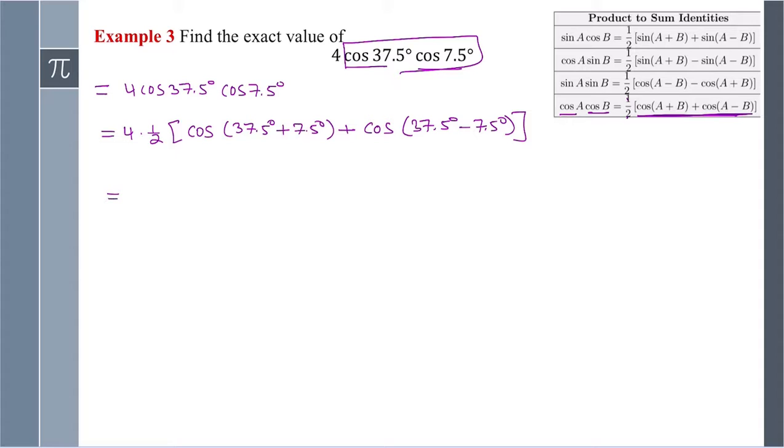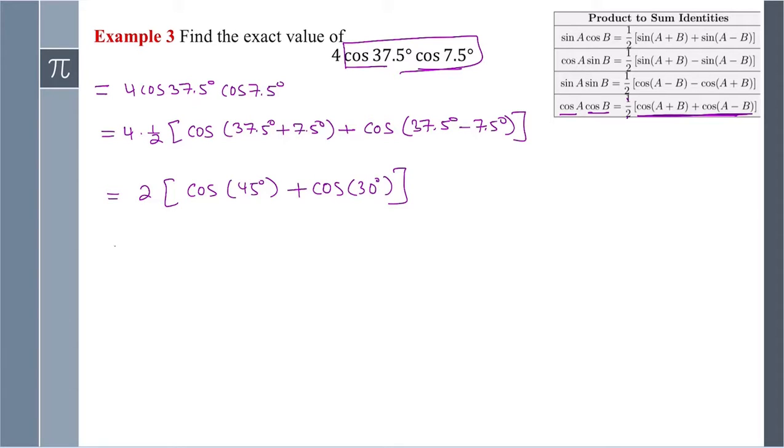Now 4 times 1/2 is 2, times cosine 37.5 plus 7.5 is 45 degrees, plus cosine 37.5 minus 7.5 is 30 degrees.